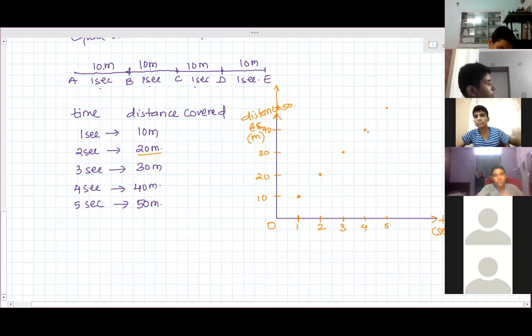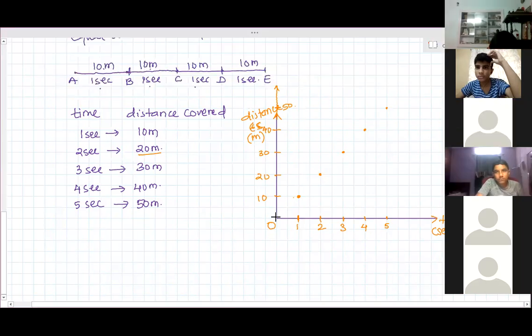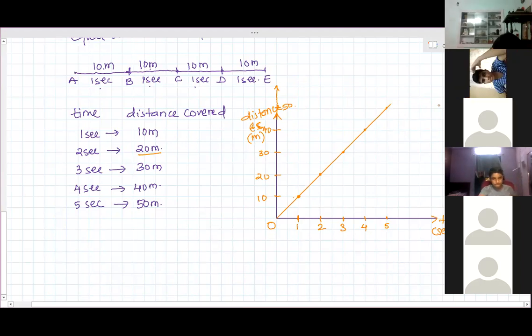So if we join them, what will happen? They are in a straight line. The line will be at 45 degrees. Exactly one single straight line will pass through all the 5 points, right?